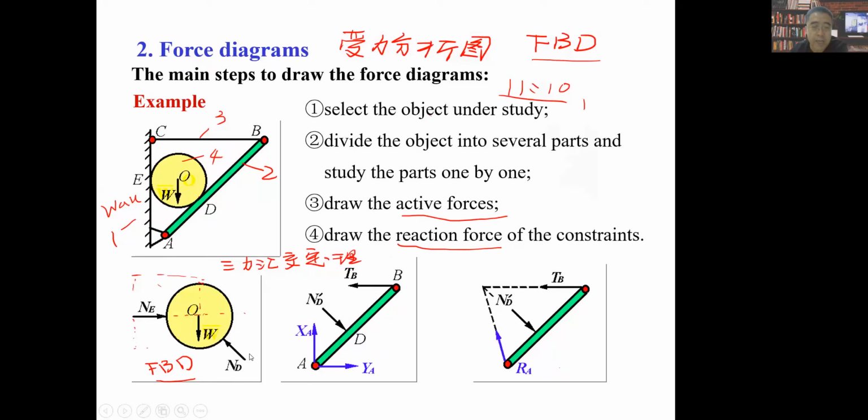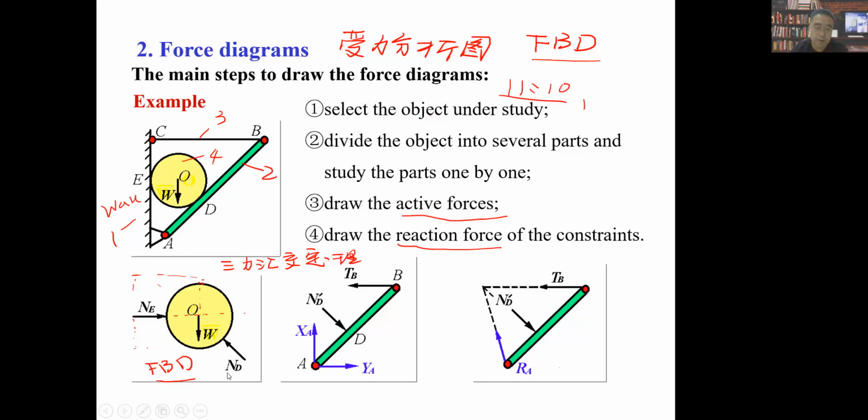You know why? Because this ND is exerted by this rod on this ball. And from the action and reaction point of view, this ND prime is exerted by this ball on this rod.